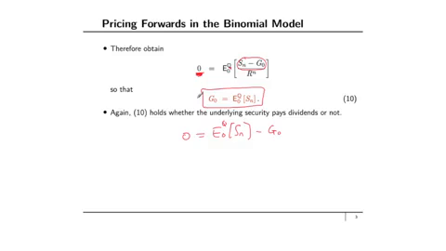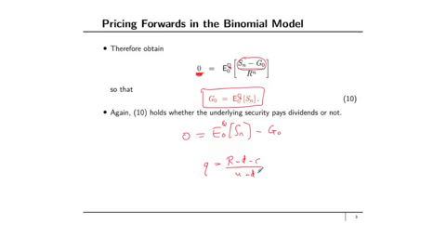Okay, and this holds whether or not the underlying security pays dividends. We've now discussed dividends in the context of the binomial model. We didn't mention dividends at all here, but in fact, dividends can be present in the model, and this is still the correct price. The only point where dividends will enter is in Q. If you remember, the risk-neutral probabilities Q are given to us by (R minus D minus C) divided by (U minus D).